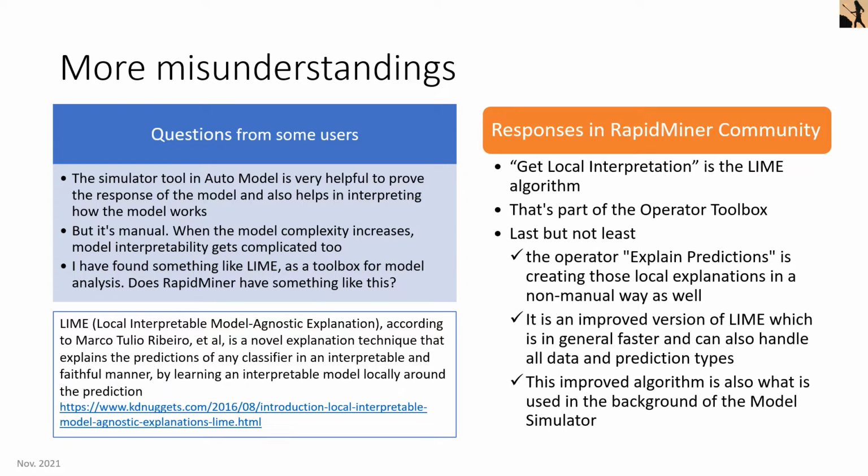He said that the operator Explain Predictions is creating those local explanations in a non-manual way as well. And it is an improved version of Lime, which is in general faster and can also handle all data and prediction types. This improved algorithm is also what we use in the background of the model simulator. I would argue it's also in the background of the optimization function.